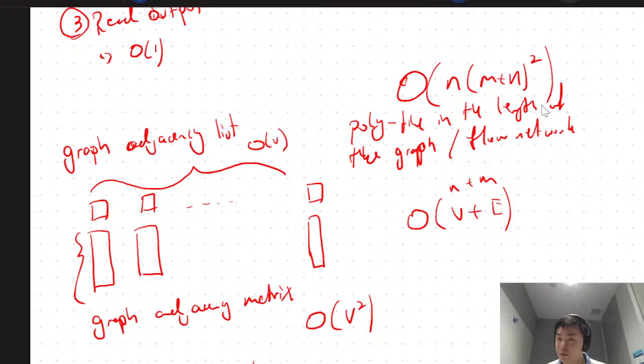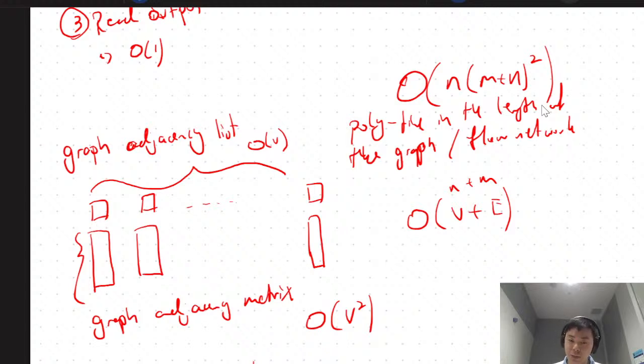Now, in terms of weights on graphs, generally you can assume you have access to some kind of oracle that gives you the weight. So let's just mention that weighted graphs have length E log W. There's a couple of ways to represent the graph with weights.